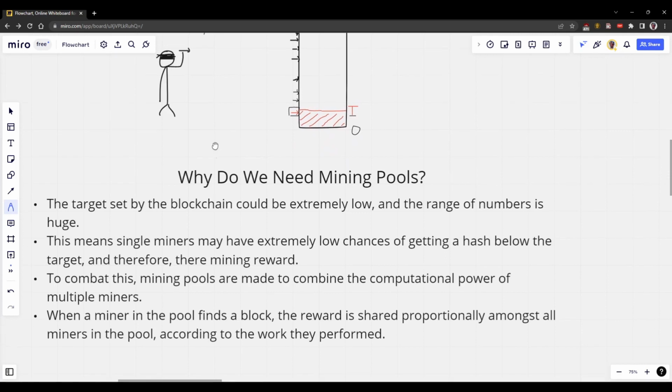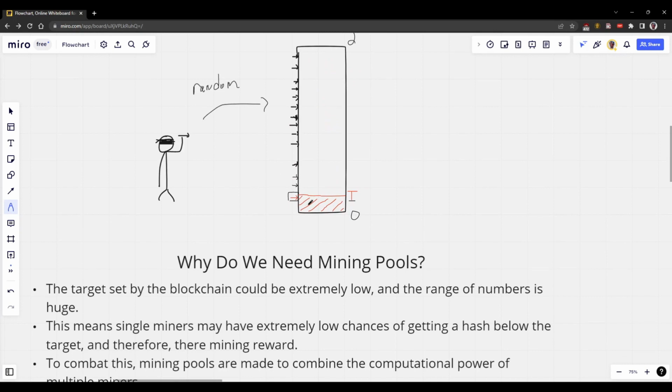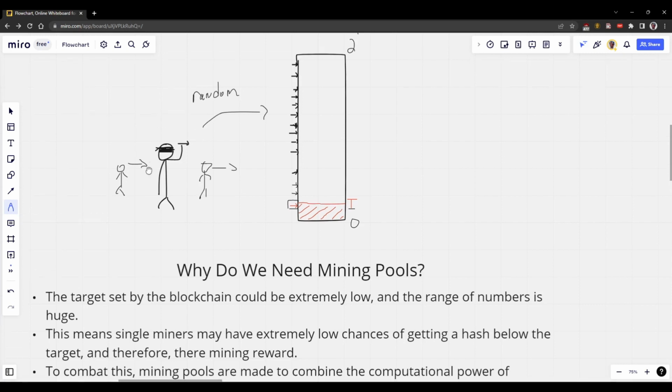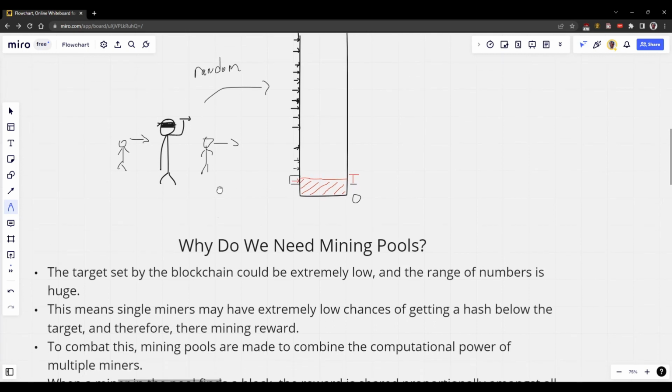A single miner is unlikely to find a hash below the target value. So instead, you could get multiple miners all hashing, or throwing darts. If you have multiple miners, more darts are being thrown at this board, so you're more likely to get a dart below the target.